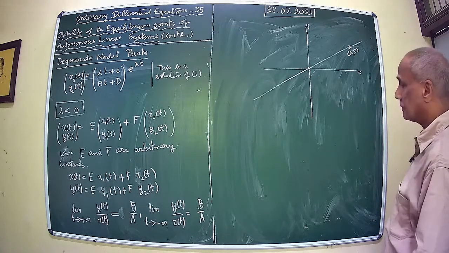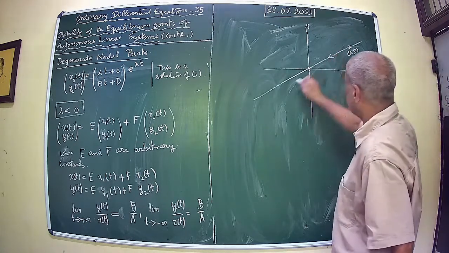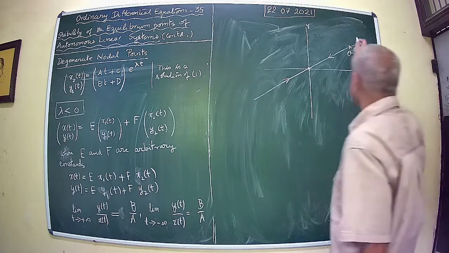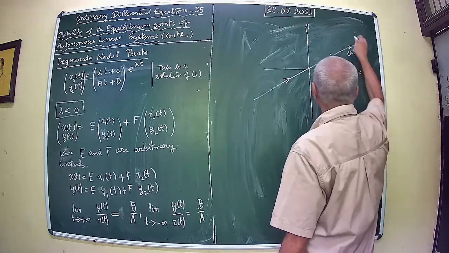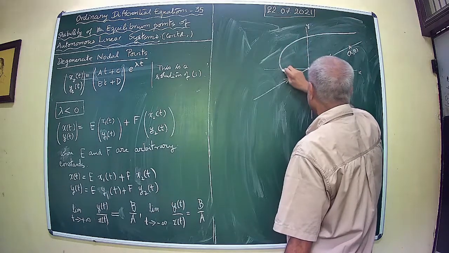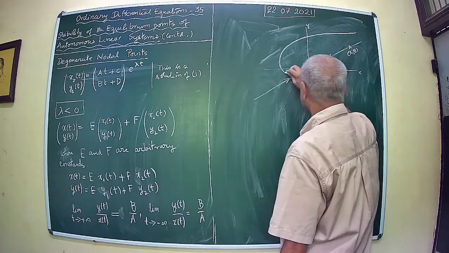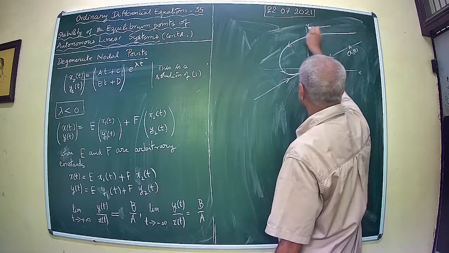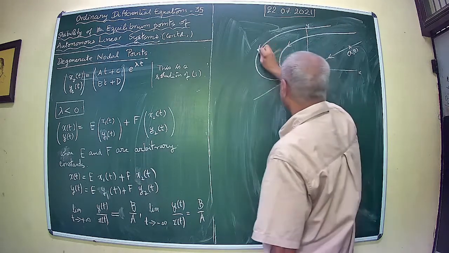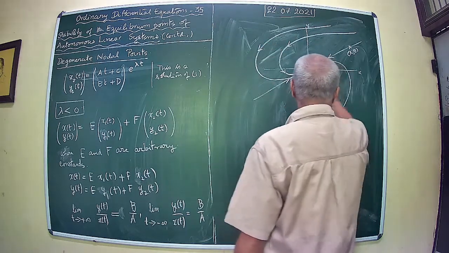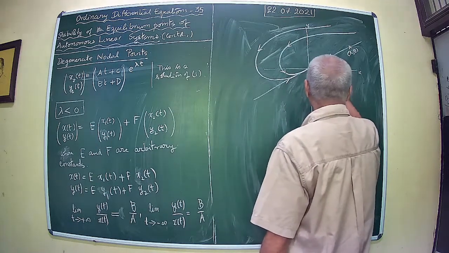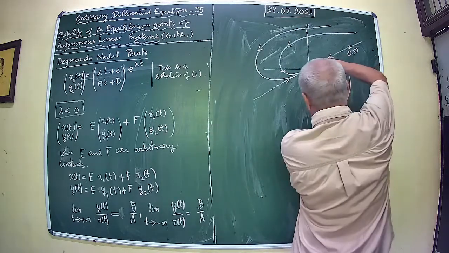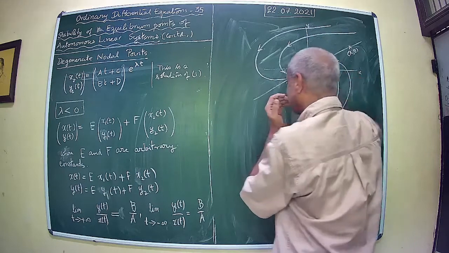Now what happens? This is the direction along this rectilinear characteristic. Other characteristics start along AB and then enter 0, 0 along AB. Here also it happens.